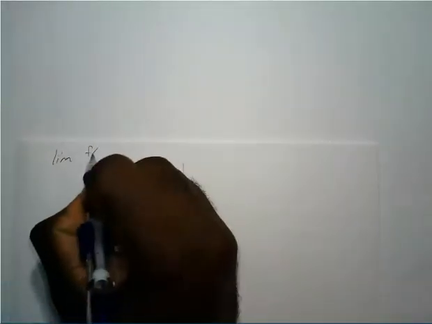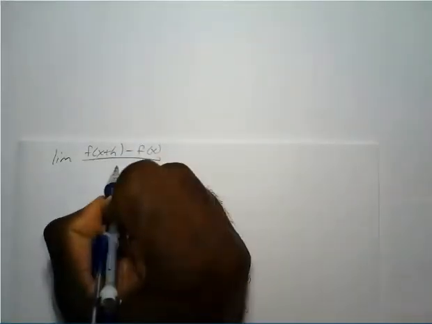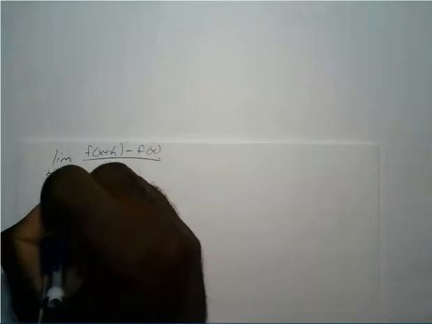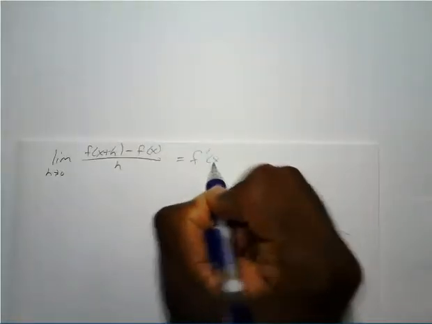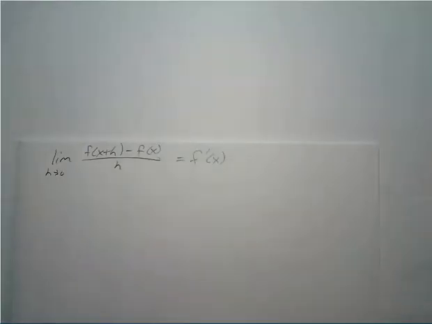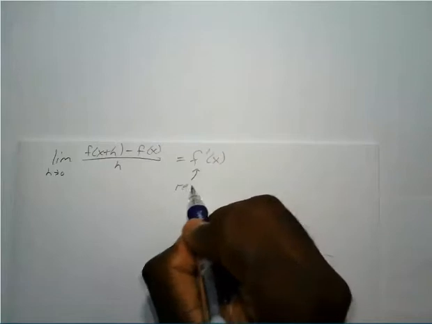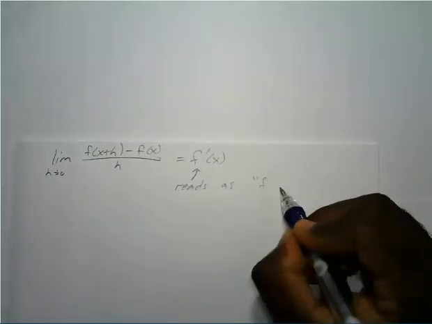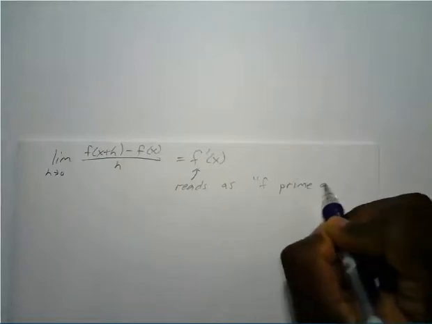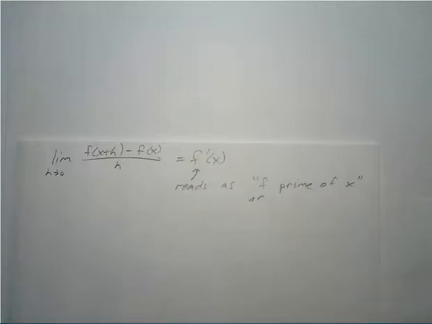Let's say you have the limit of f of x plus h minus f of x all over h as h approaches 0. That's going to equal f prime of x. Now this reads as f prime of x, or the derivative of f of x.